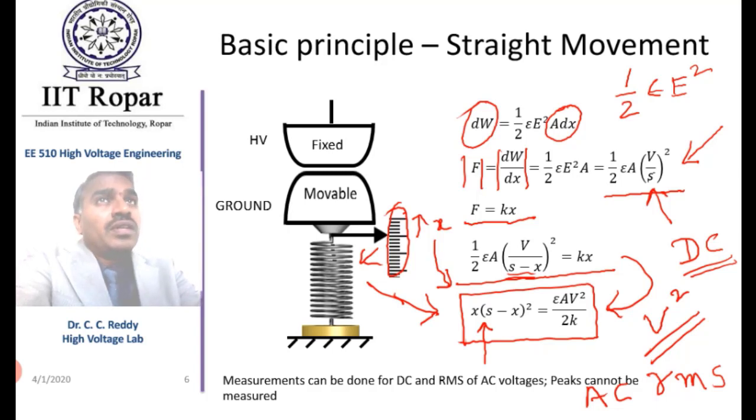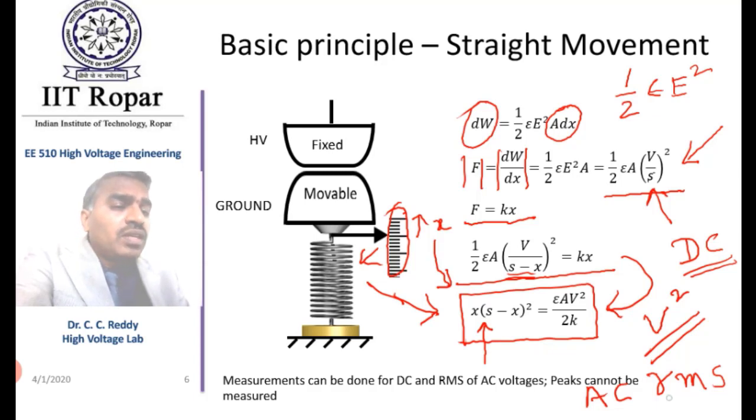Now, for AC RMS when you are measuring, V square corresponds to what? The force actually has to be integrated over a period, and that leads to integration of V square over a period. That integration of V square over a period you can get in terms of root mean square.